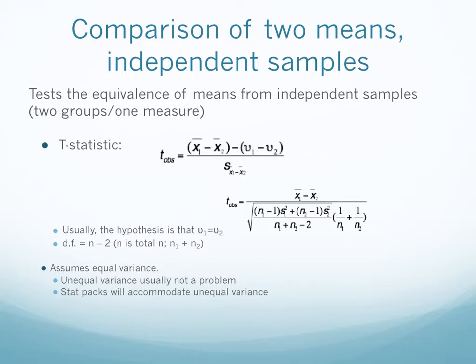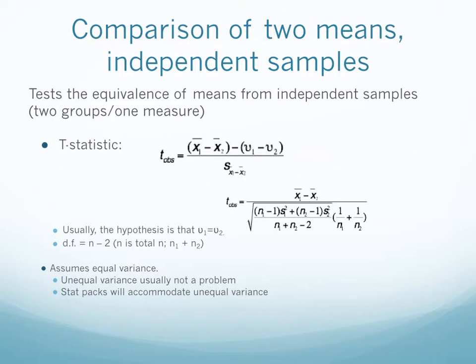The full expression of that given here is the t observed is x bar 1 minus x bar 2. Now this presumes that there's no hypothesized difference between the populations, which is normally the case. So mu1 minus mu2 is 0. So the numerator then is simply the difference between the two samples, x bar 1 minus x bar 2.